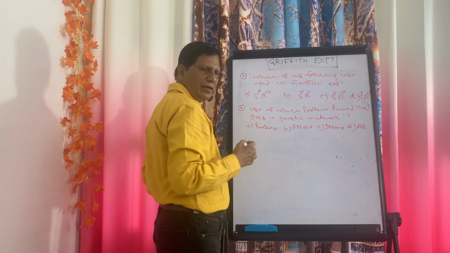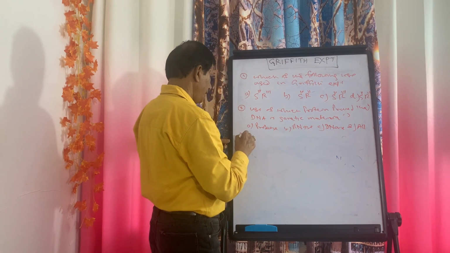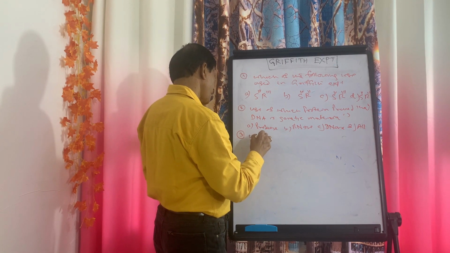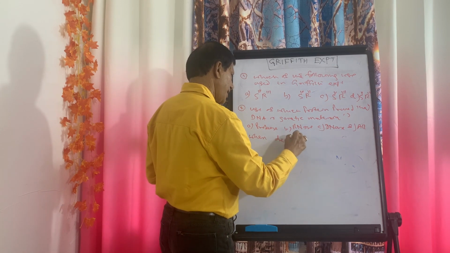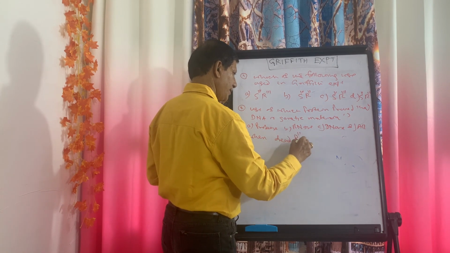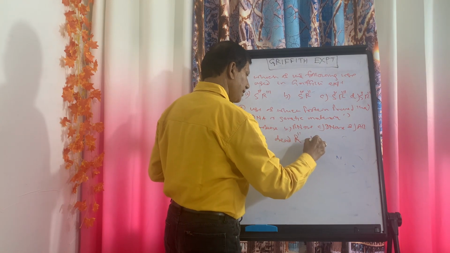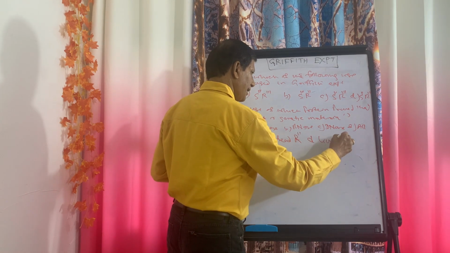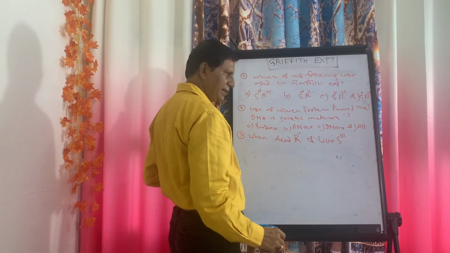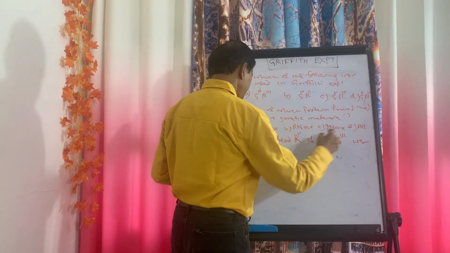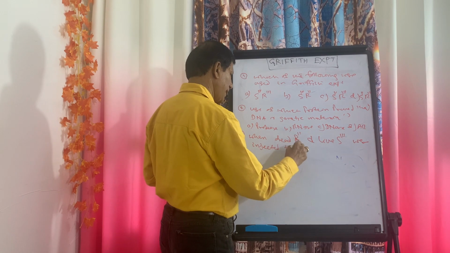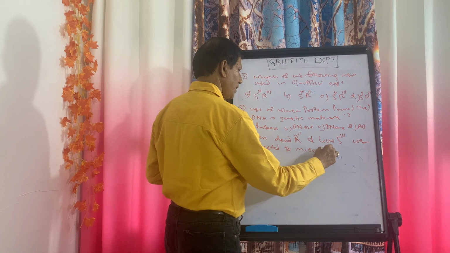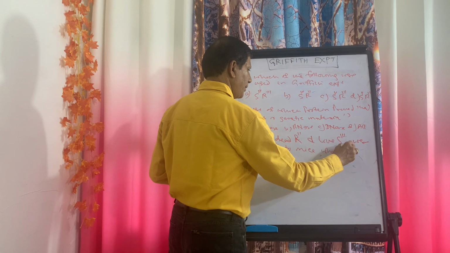Now come to the third question. When dead R2 type and live S3 bacteria were injected to mice, what will happen?